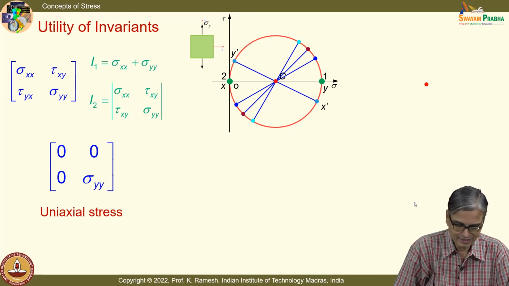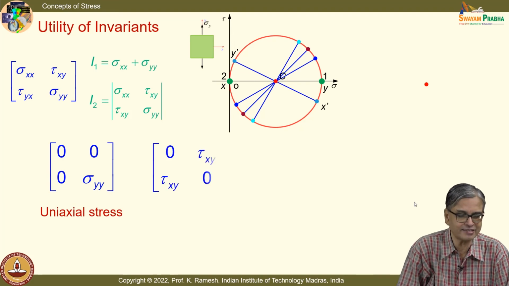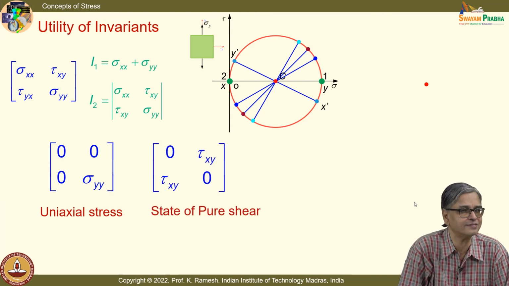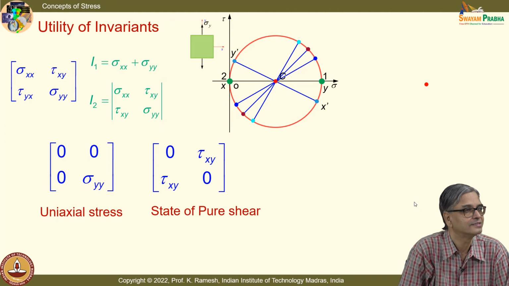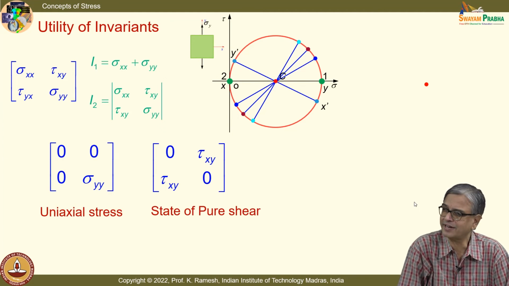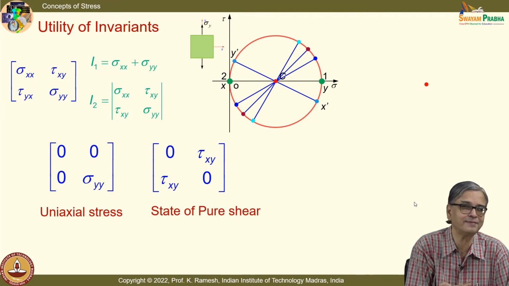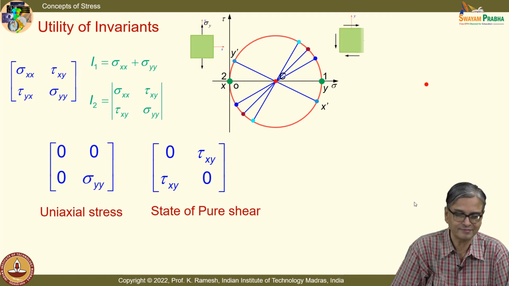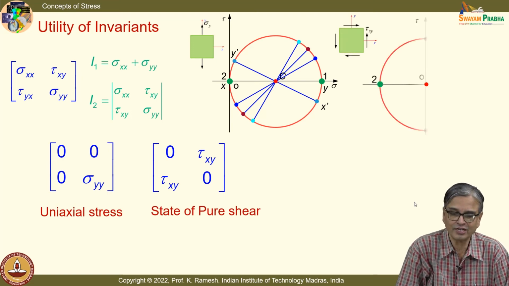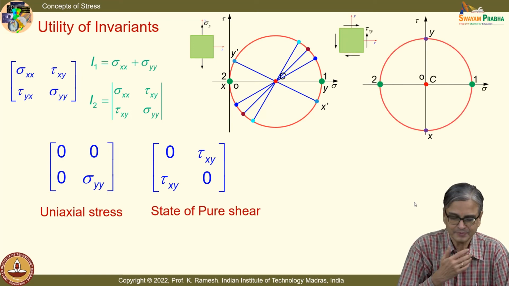And we will also see another important state of stress. What is this state of stress? It is a pure shear state. And you can also draw the Mohr circle. The graphical representation is very simple. The only thing is the origin is shifted. I shift the origin and I replot.